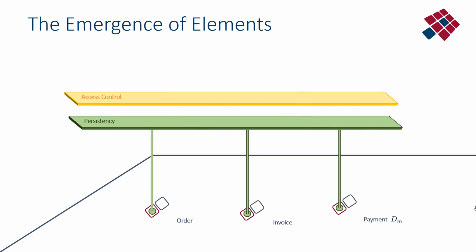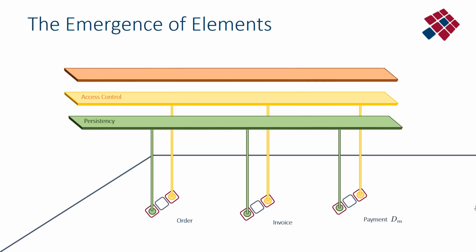Suppose we have, for instance, access control as well. Well, then, of course, this access control has to be used, tapped into, interconnected with by the various functional entities, order, invoice, payment, etc. And all these lines of code to interconnect, to tap into it, need to be separated, encapsulated in a separate class to connect.